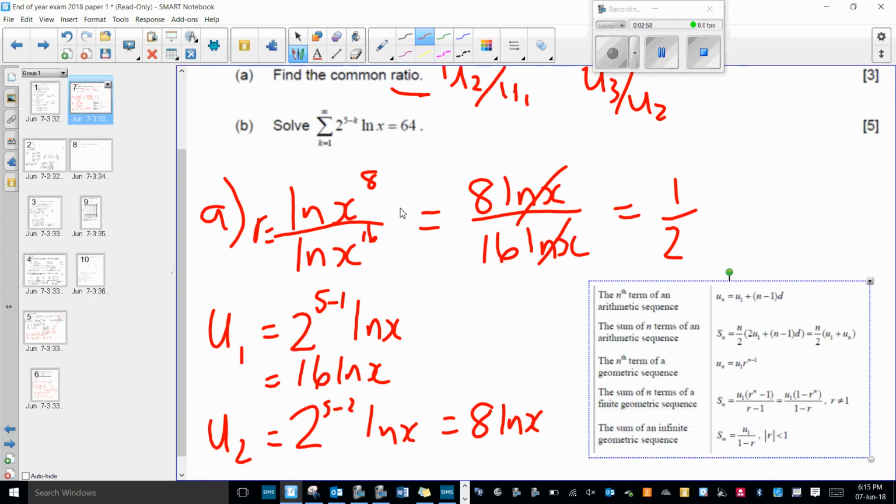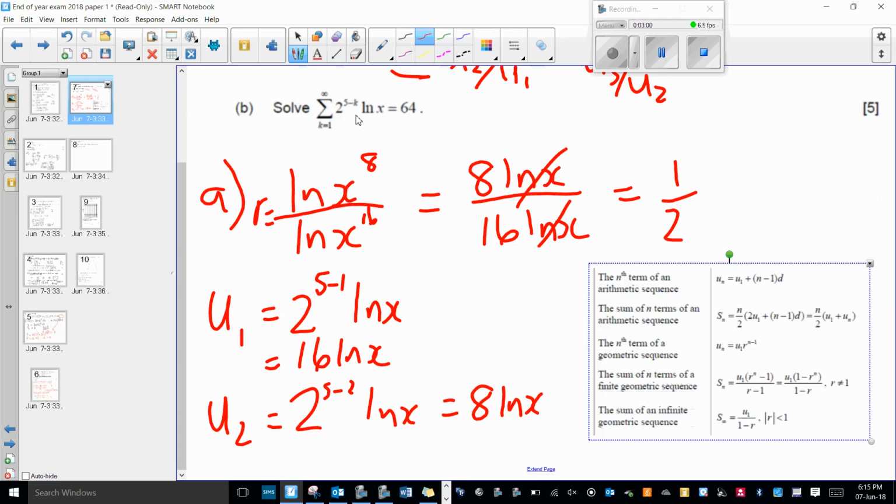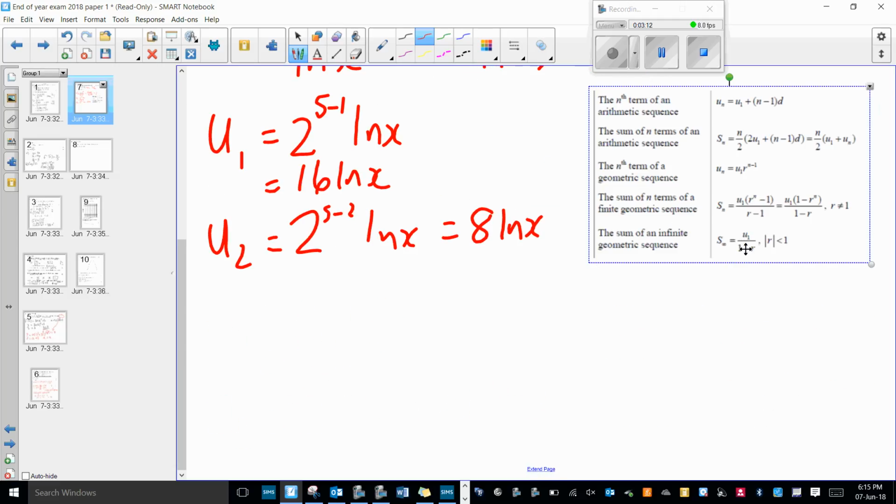Okay, so what they're saying is that the sum to infinity is equal to 64, and they want us to solve it, which means to find the value of x. So the sum of an infinite geometric sequence is given by this formula. So sum to infinity is u1, which we know was 16 ln x, divided by 1 subtract a half.